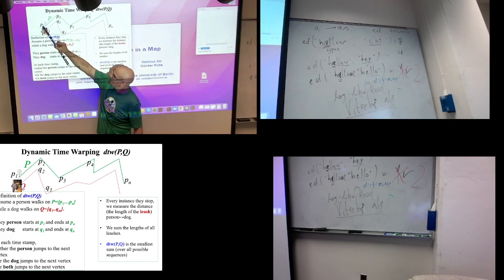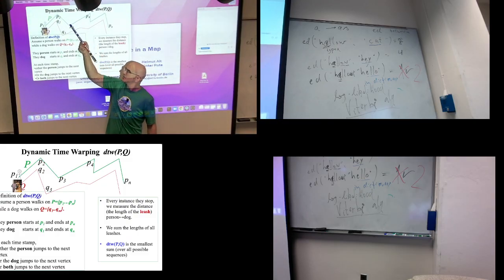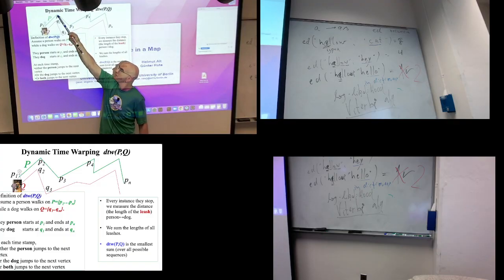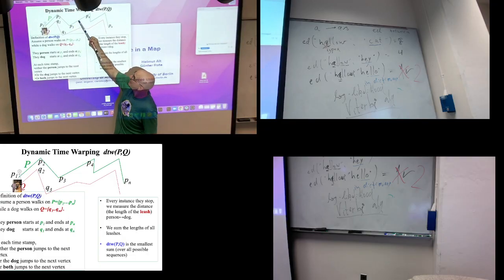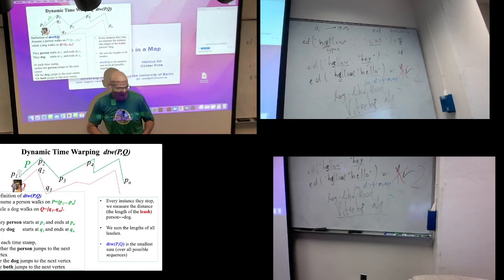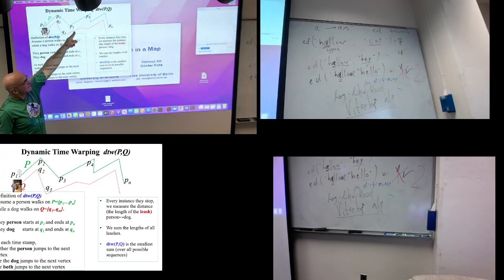A polygonal path means it has a vertex p1, p2 is the next vertex, p3 is the next vertex, and as you all know, the assumption is that between p2 and p3 there is a straight line segment connecting them, from p3 to p4 there is a straight line segment, and so on. And this set of vertices describes a polygonal path.